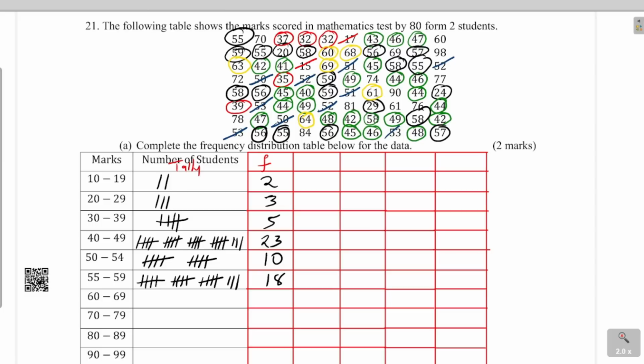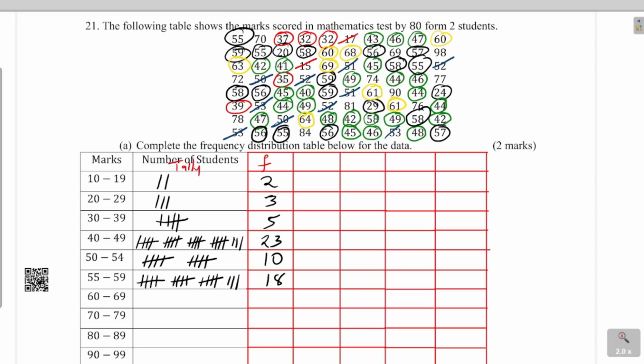So I'm at 60 to 69. Another one there. 61. There's also another one there. Check whether I've left any. 60 to 69.